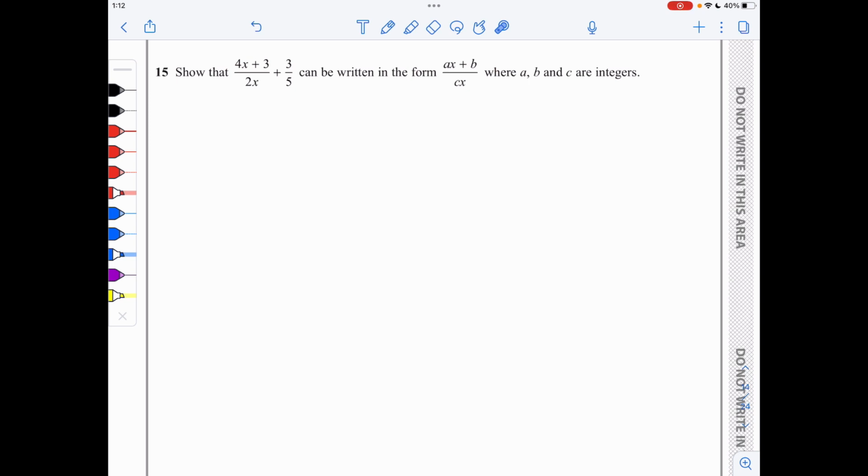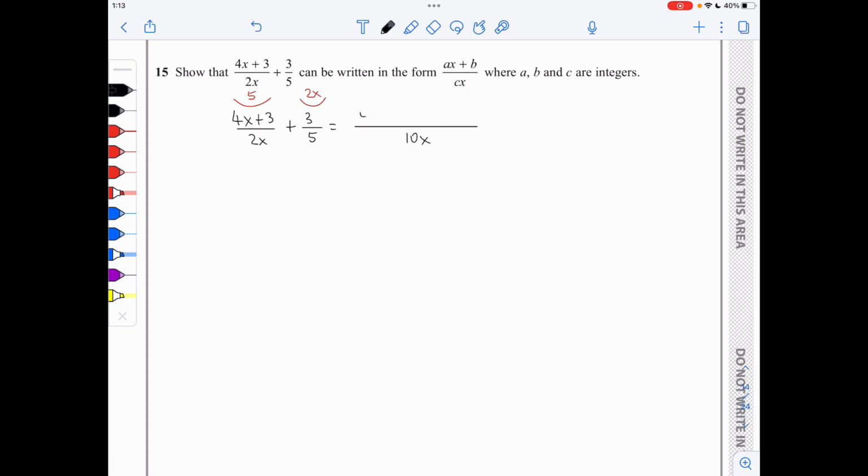In question 15, we need to express the sum of these two fractions as a single fraction. So I start by finding the lowest common multiple of the two denominators, the 2x and the 5, which is 10x. So everything will be expressed over 10x. It's obvious that the first fraction is to be multiplied by 5 and the second fraction by 2x.